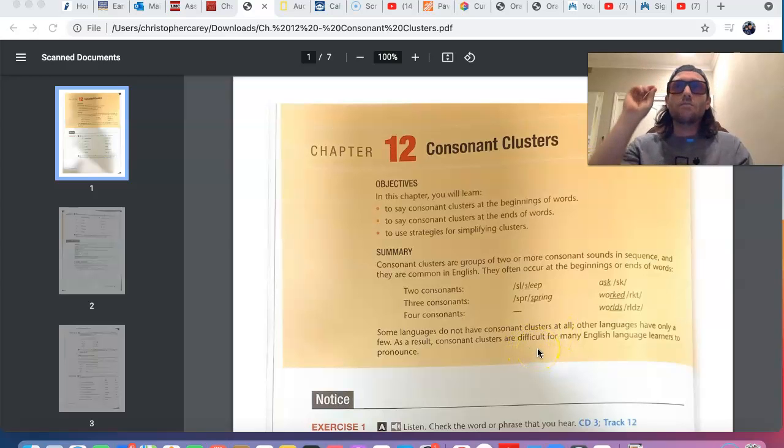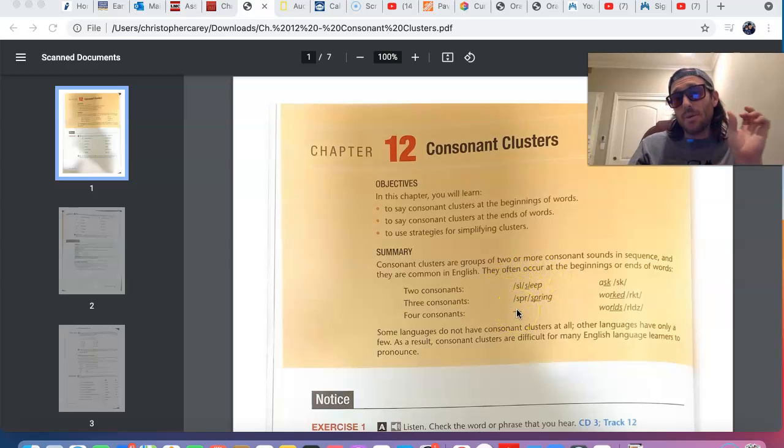I think if you're a native Spanish speaker or Portuguese speaker, if your first language is a Romance language, I would say that more often than not, it's the initial consonant clusters, the consonant clusters that happen at the beginning of a word that are challenging.